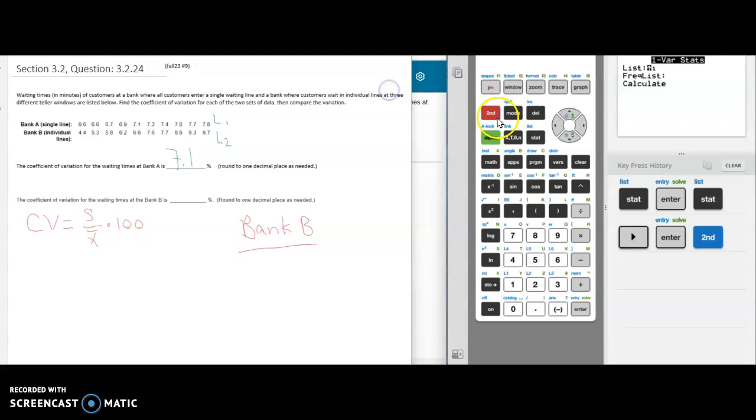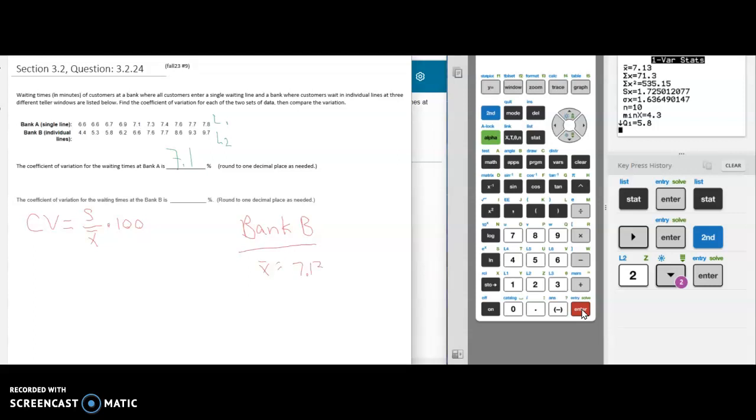We didn't use any frequency, so leave it blank and press enter on calculate. My x bar, or mean, for bank B is 7.13, and my sample standard deviation is 1.7250 if I'm rounding to 4 decimal places.